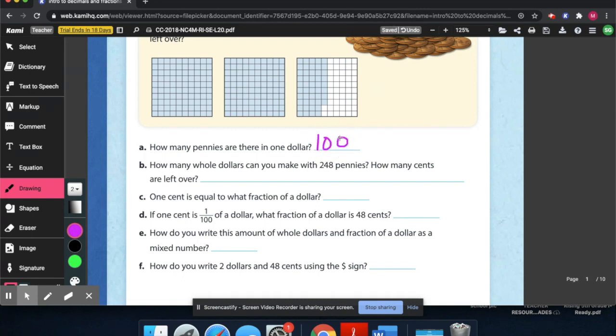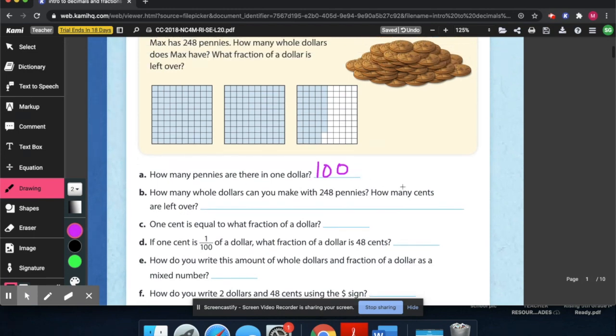B, how many whole dollars can you make with 248 pennies? How many cents are left over? Okay, this is the same question they just gave us. So we've got to figure out, how many whole dollars do I have with 248 pennies? Well, like I said in A, we have one whole if it's entirely shaded.